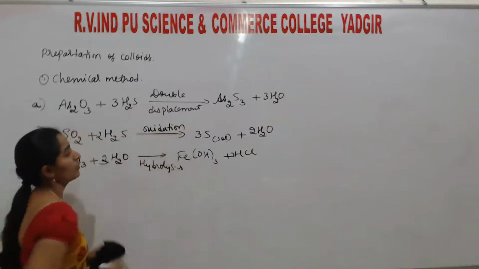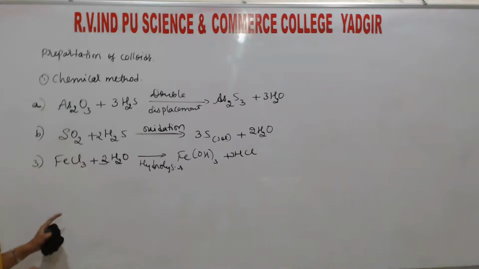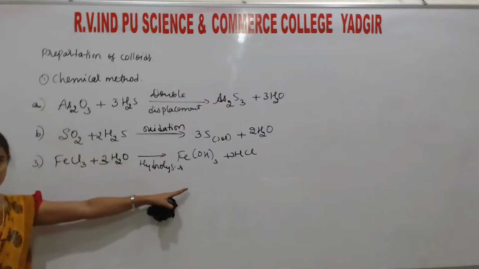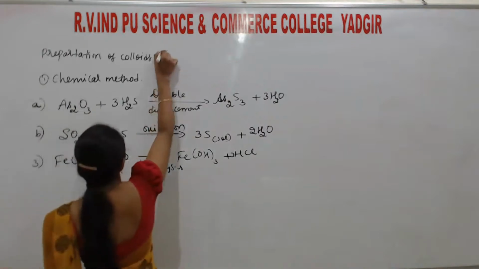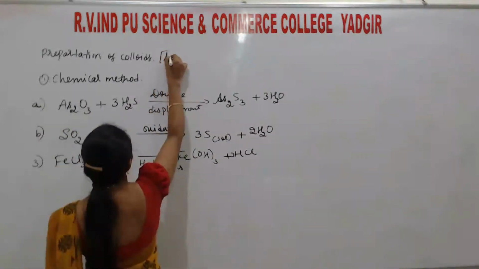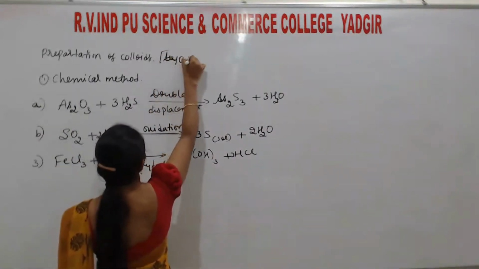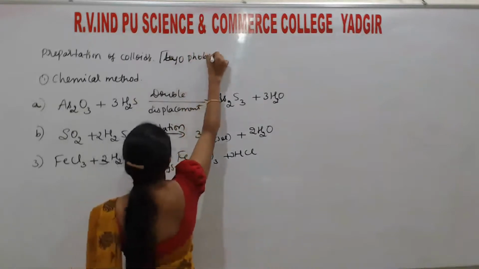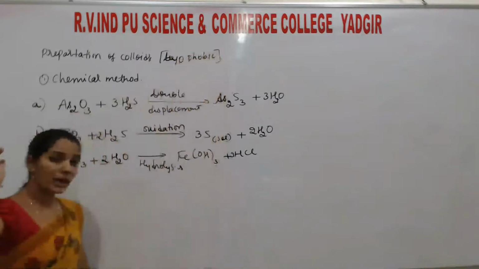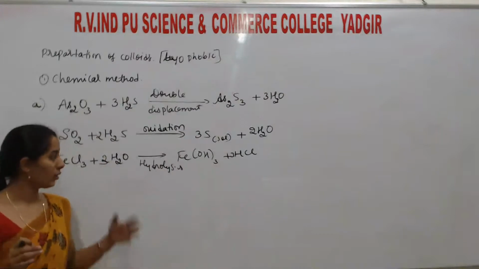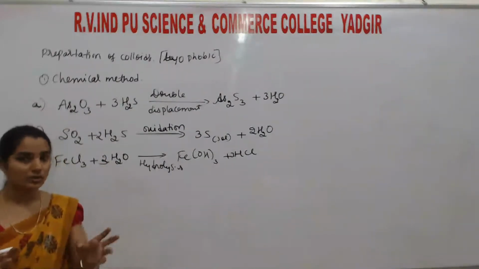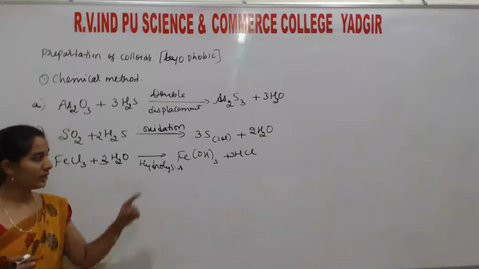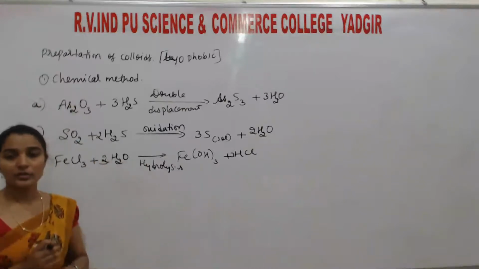Okay, so these are the chemical methods used to prepare the salts, that is colloids, hydrophobic. And right here, preparation of colloid, especially lyophobic. Because as I told you, lyophilic colloids are easily prepared by mixing solute and solvent. Understand? So this can be prepared in a different manner.